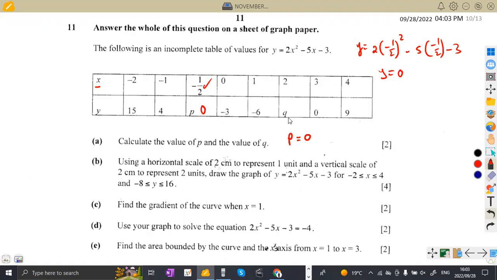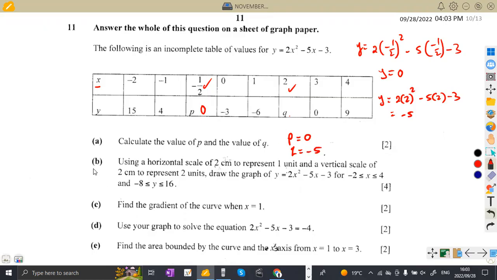Then we move on to Q. Our Q is at a condition where x is 2. So y is going to be 2 into 2 squared minus 5 into 2 minus 3. So if we simplify on your calculator, this is going to give you -5. So the value of Q here is going to be -5.